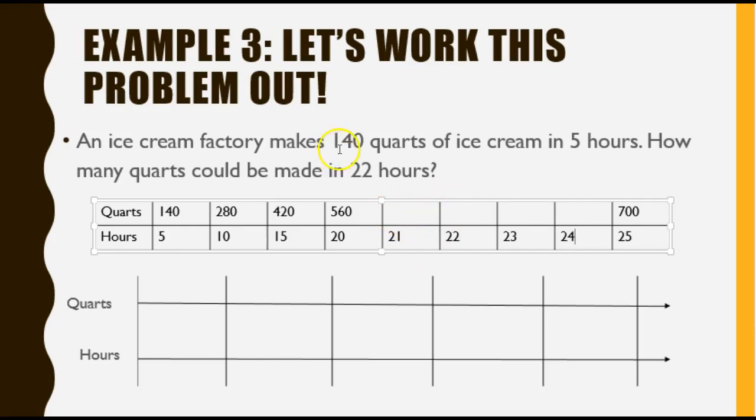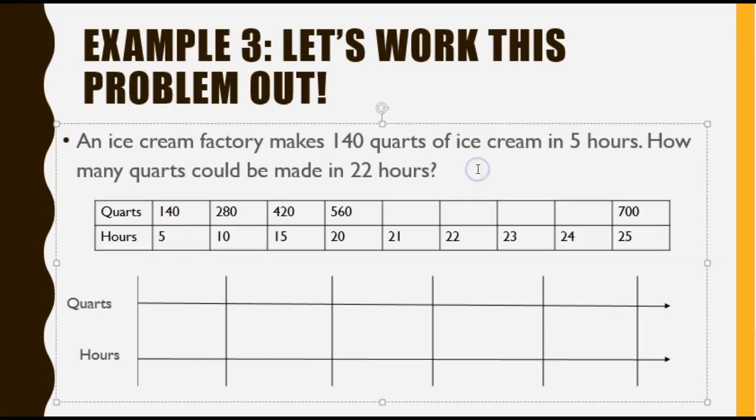So, in order to get down to how much they are making an hour, I can take my ratio up here of the 140 to 5, and I can divide and get it to a simplified ratio. And if that's the case, I'm going to divide 140 by 5, which will equal 28.